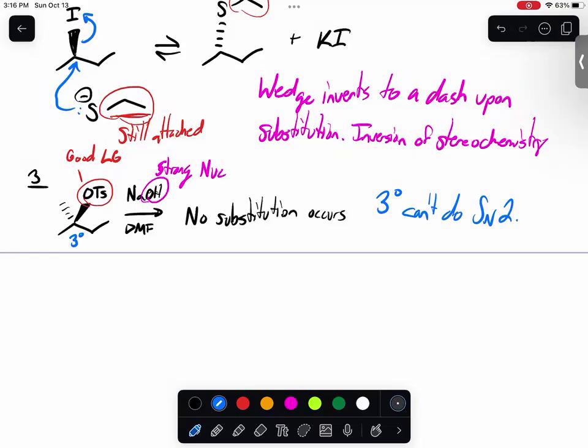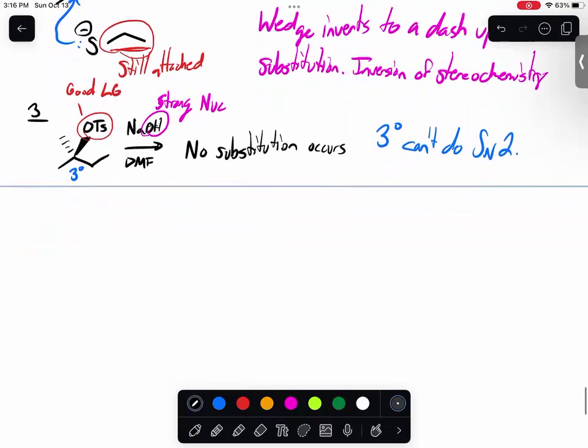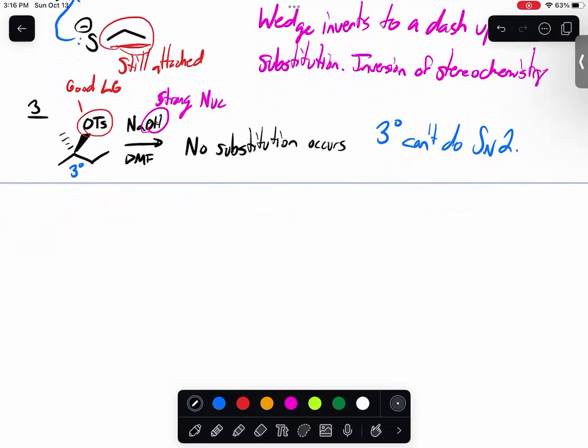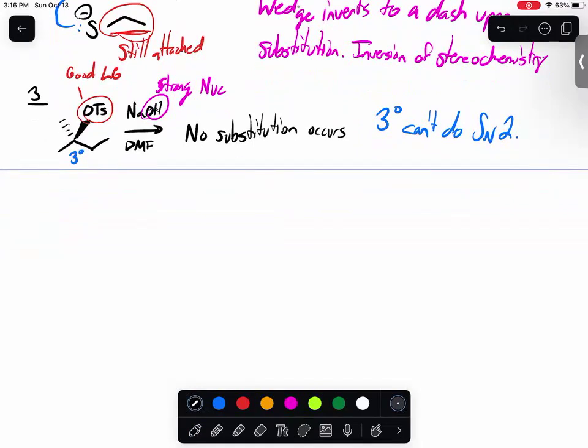Now, that being said, I did tell you that I was going to talk about that OTs leaving group. And there are two different leaving groups that I just want to bring up very quickly here at the very end. They're called tosylate, also shown as OTs. And the structure of this is this here.